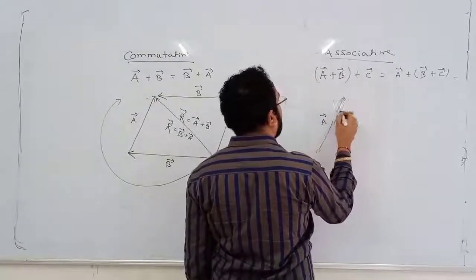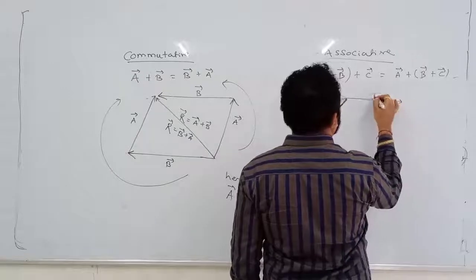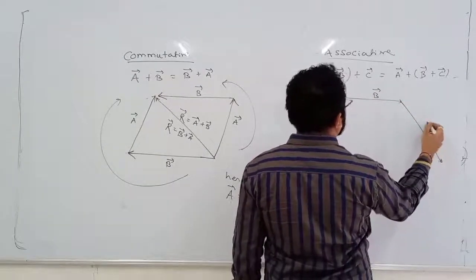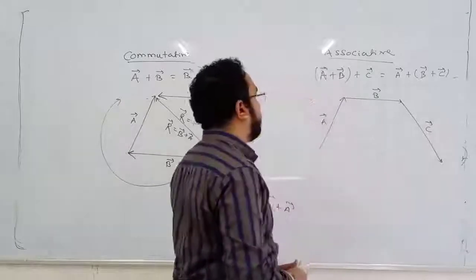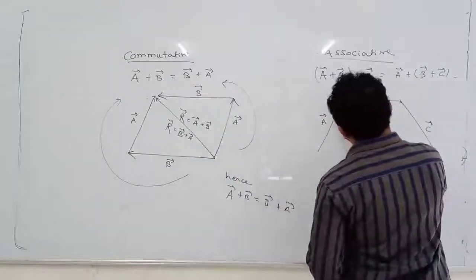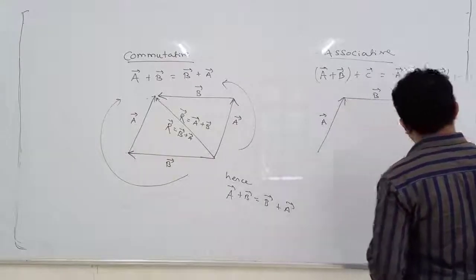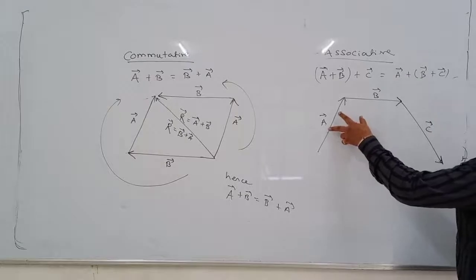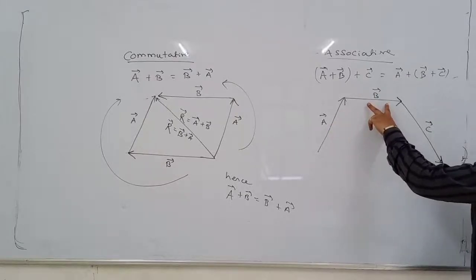This is vector A, this is vector B, this is vector C. Now tell me, this is the arrow, here is the arrow, here is the arrow. Vector A plus vector B, what is it?